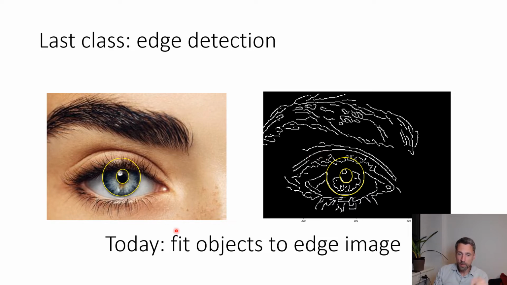And today, the so-called Hough transform will be used to fit objects, for example, circles or lines or other shape primitives, to these edge images.